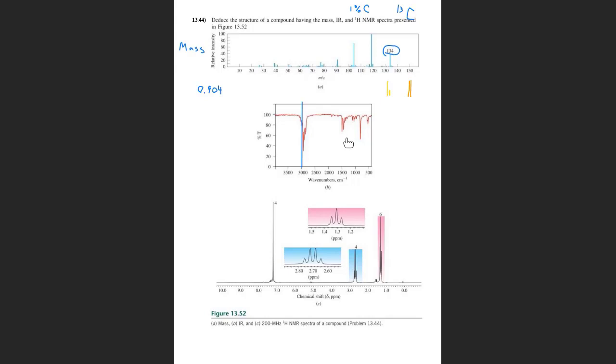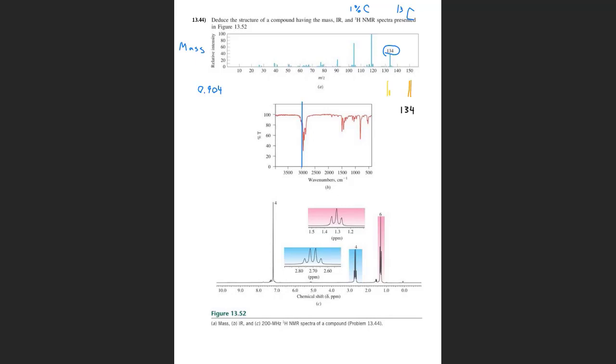So this is just a hydrocarbon. And if I want to determine what the chemical formula is for the hydrocarbon, here's what I want to do. I'm going to take the molecular ion peak weight, which is the 134, and divide it by 12.